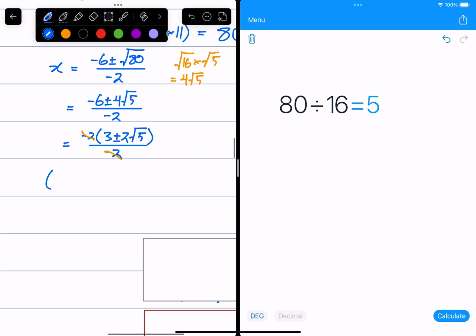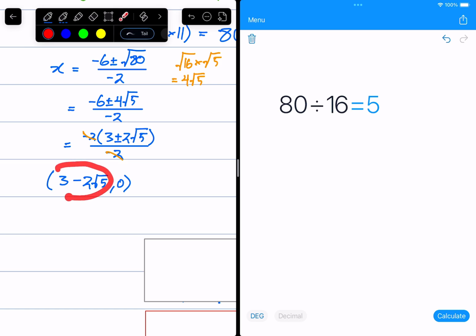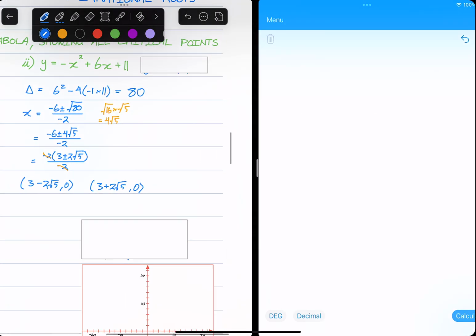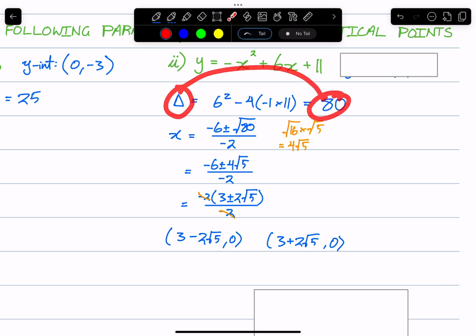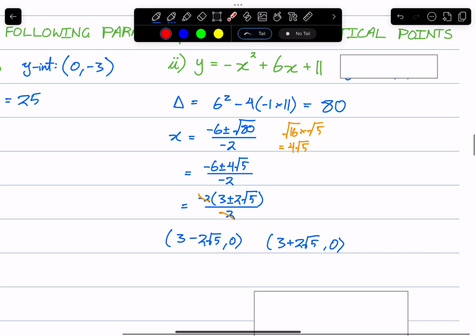So the roots that we get, because this is in simplified surd form, we get 3 minus 2 root 5, comma 0. That's the first x-intercept. And emphasizing again, that is an irrational number. And the other is 3 plus 2 root 5, comma 0. So notice that when the discriminant is not a perfect square, we get 2 irrational roots.